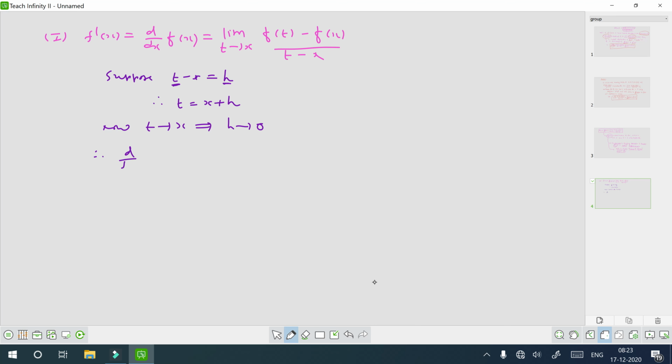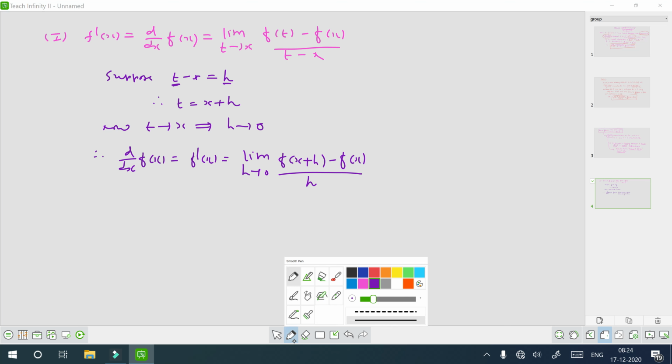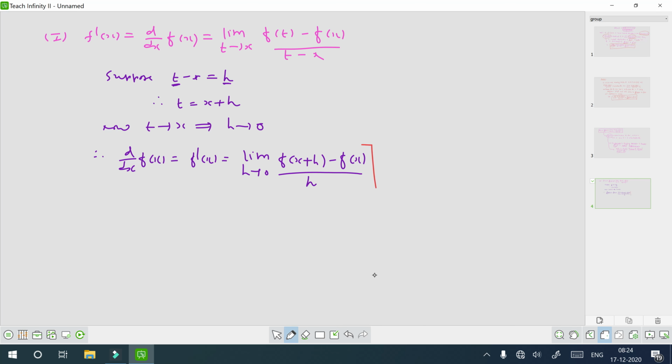Therefore d by dx of f(x) or f dash x is equal to the limit as h tends to 0 of (f(x plus h) minus f(x)) upon h. This is the second form of the definition.